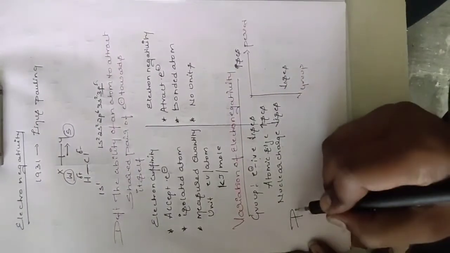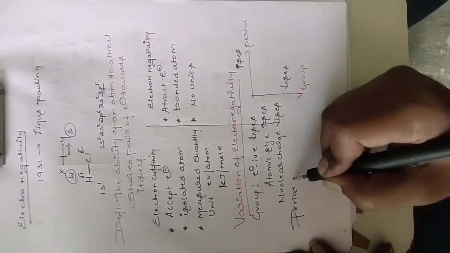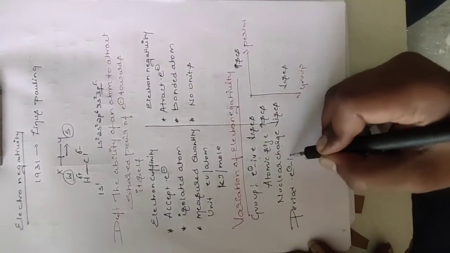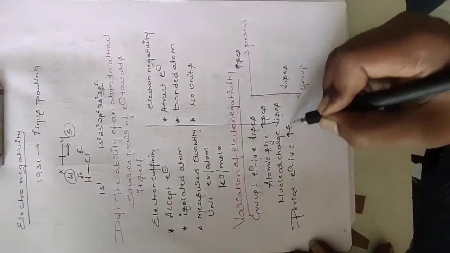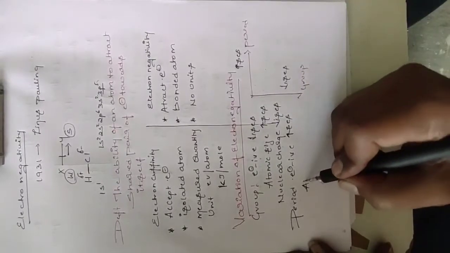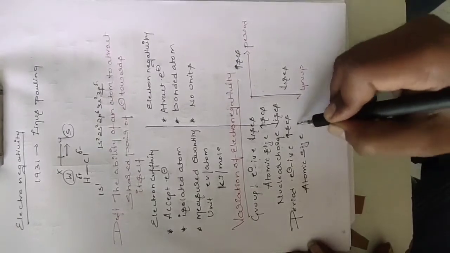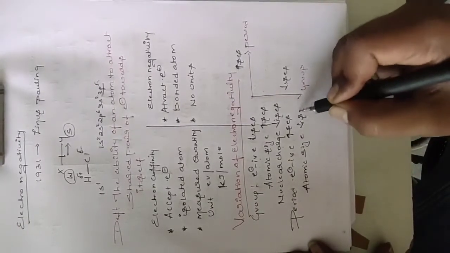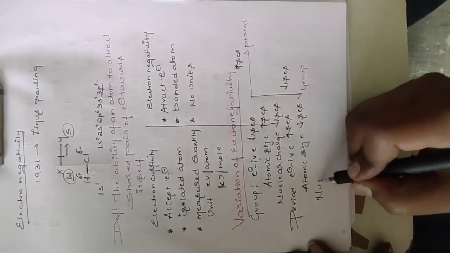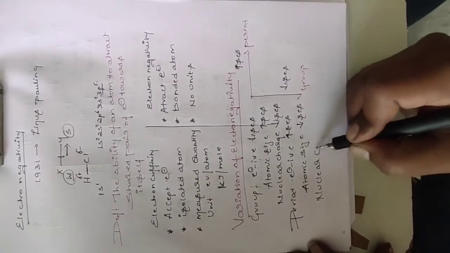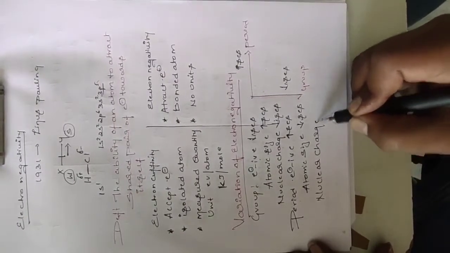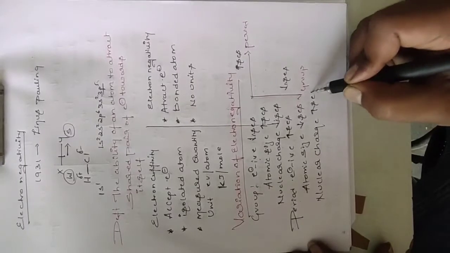When it comes to period, electronegativity will increase, atomic size decreases, nuclear charge increases.